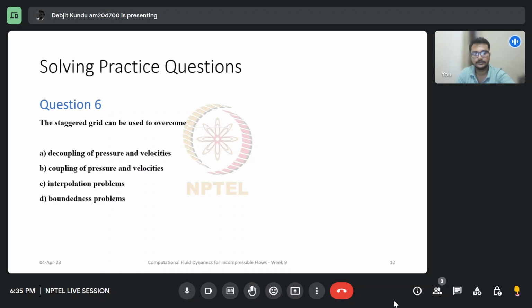So let's have a look at the solution. The solution is option A, decoupling of pressure and velocity. Very recently in the last slide we saw that one of the limitations of a collocated grid is the decoupling of pressure and velocities, and exactly that is overcome by staggered grids, where, let's say we have two cells like this.